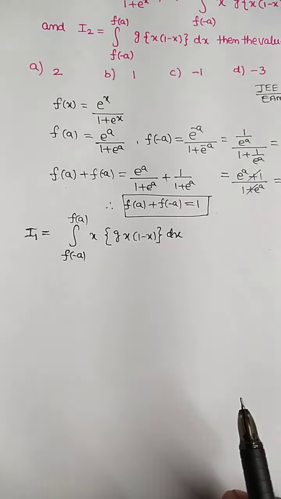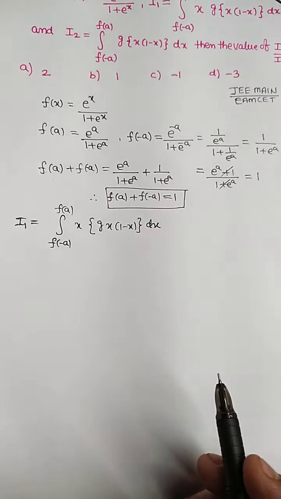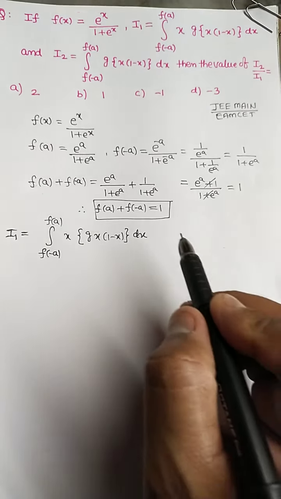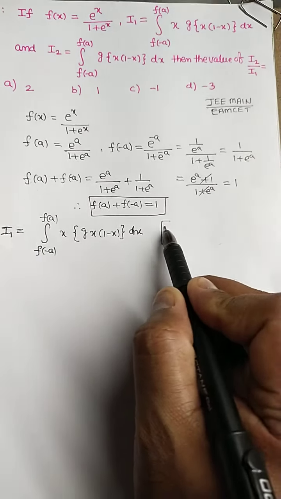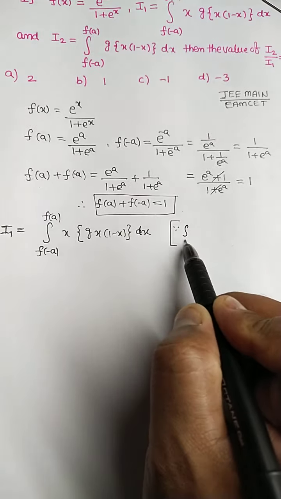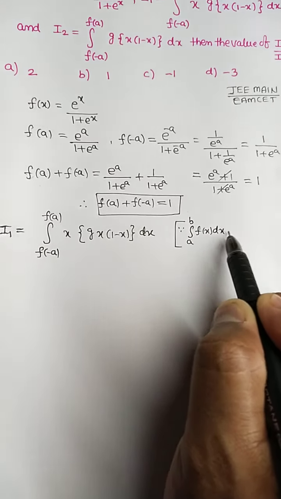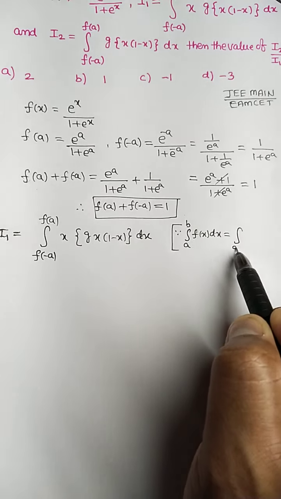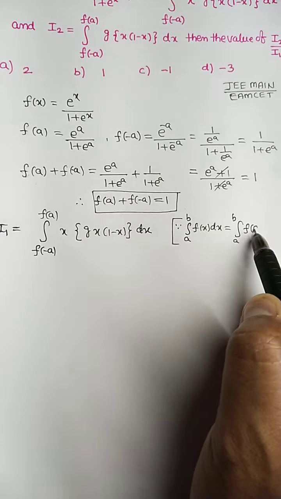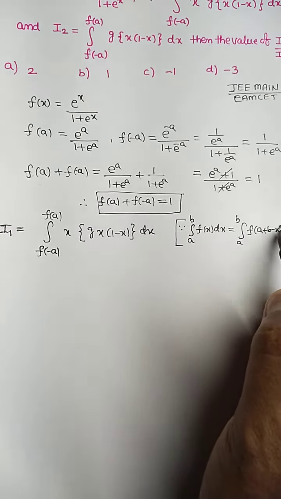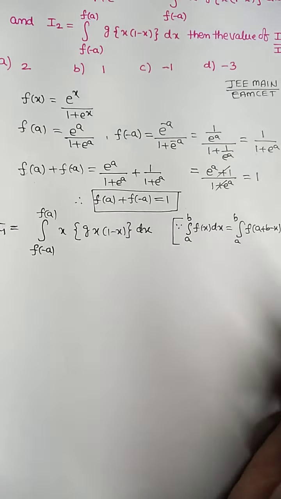Here we are going to apply the formula from the integration properties of definite integration. We have that the integral from a to b of f of x into dx is equal to the integral from a to b of f of a plus b minus x into dx.